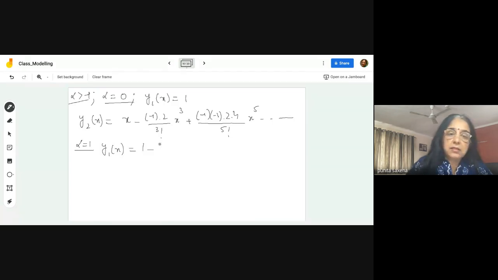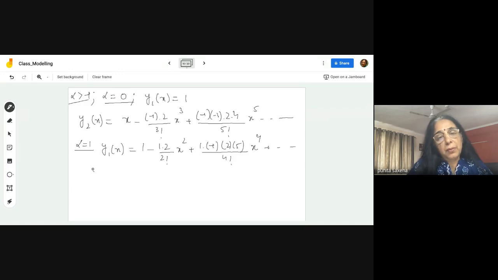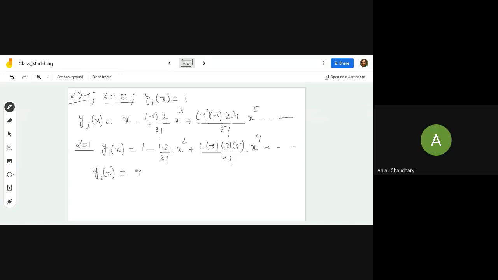It is 1 minus 1 into 2/2! x^2 plus 1 into (minus 1) into 2 into 5/4! x^4, and so on and so forth. But what happens to y2(x)? It is x.